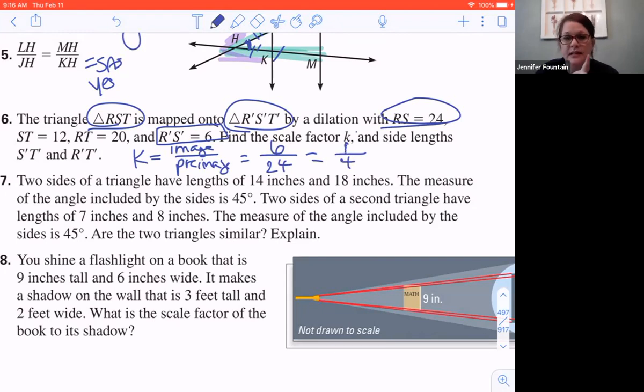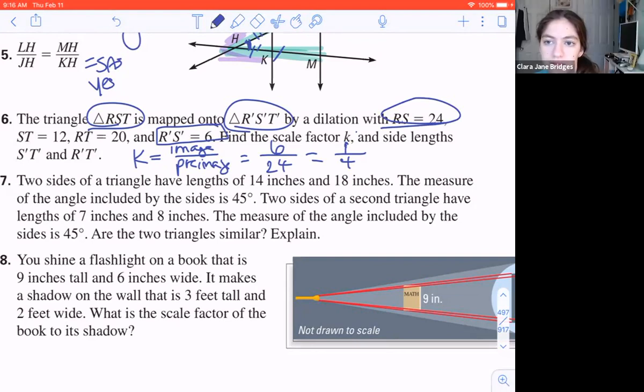So first of all, let's think about this. If I have my pre-image going to my image and my scale factor is 1/4, is this an enlargement or a reduction? Is my figure getting larger or smaller with my dilation? Smaller.